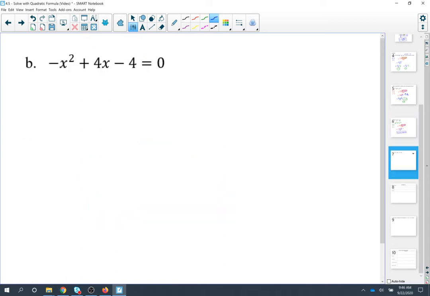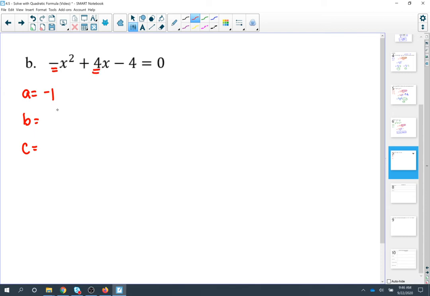Letter B, negative x squared plus 4x minus 4 equals 0. Now, I'm looking, it's already equal to 0, so we can go straight to A, straight to B, straight to C. And the nice thing about the quadratic formula is it doesn't matter if your leading coefficient is negative. It doesn't matter if your leading coefficient isn't 1. It doesn't matter. You can use it for anything. So A, negative 1.